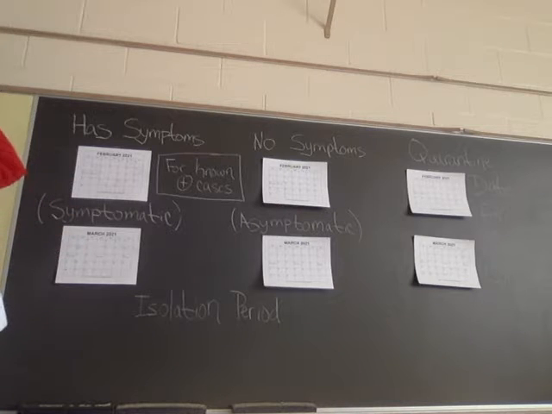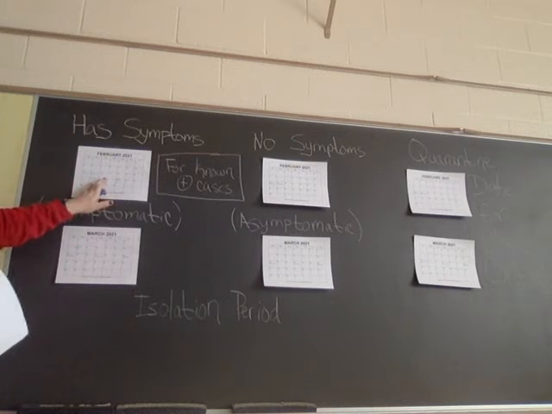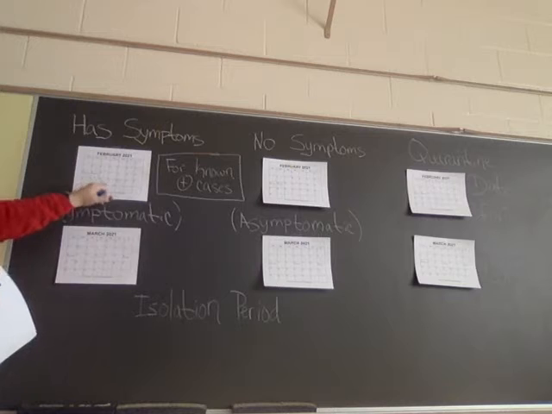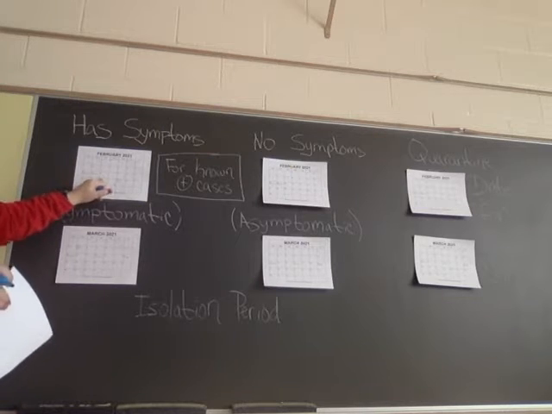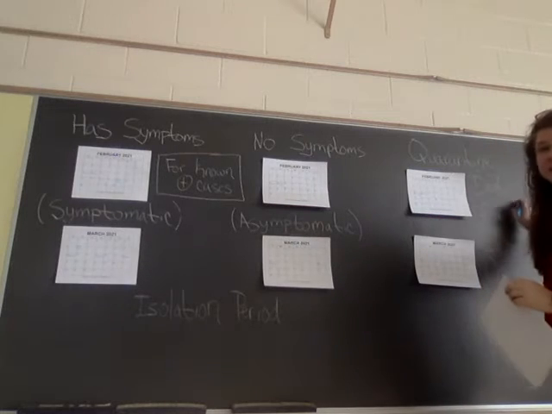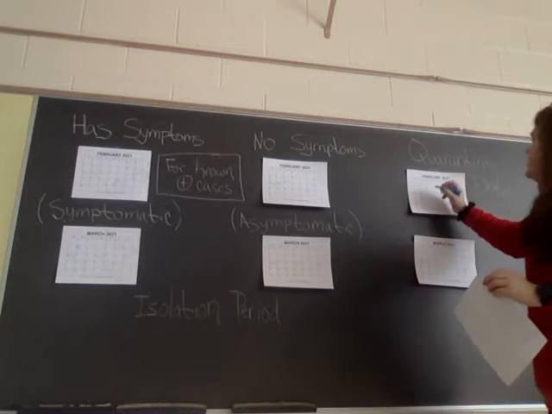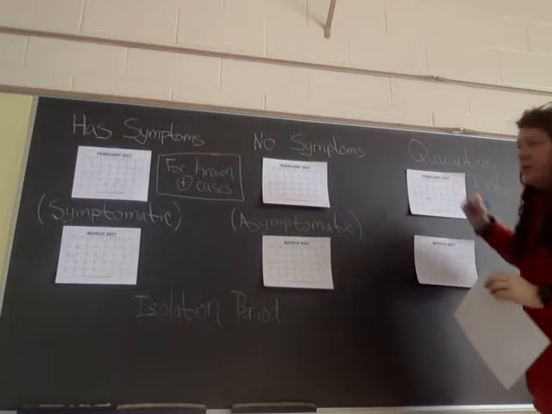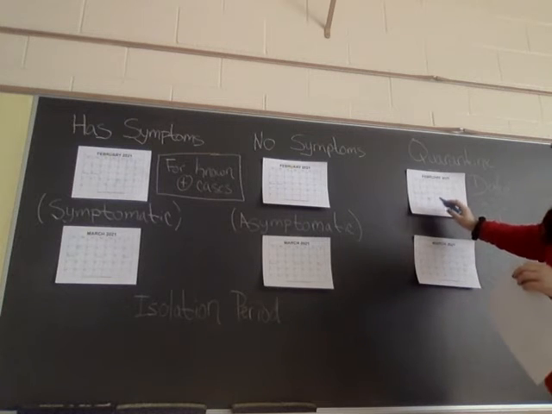So somebody was in contact with that person on the 23rd, all right? So now I'm going to go over to my quarantine date for close contacts calendar, and I'm going to circle the 23rd.